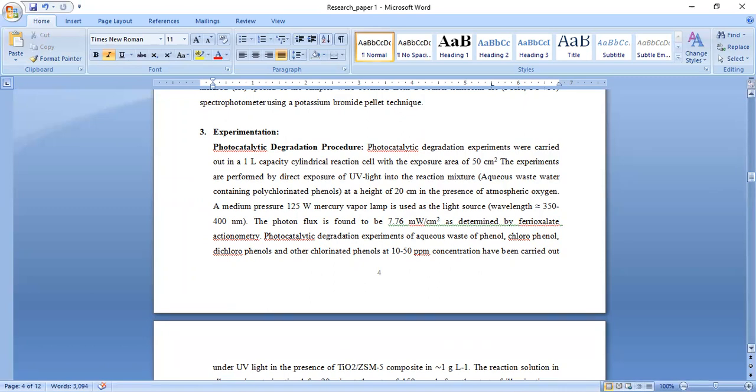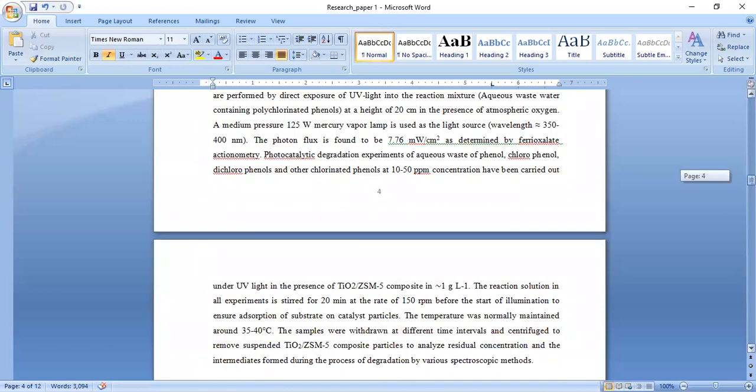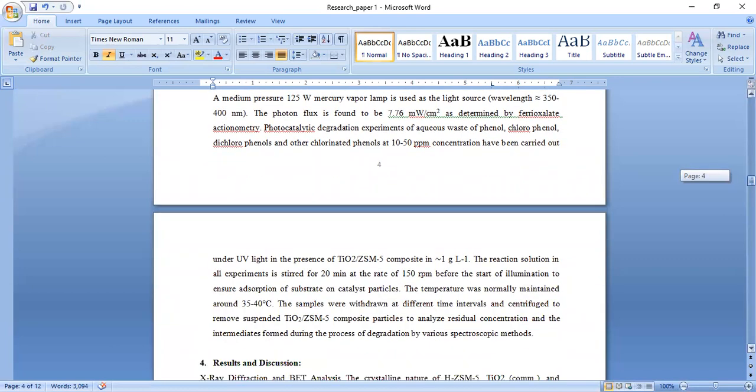So the photodegradation experiment of this aqueous waste containing phenol and chlorophenol derivatives was at the level of 50 ppm concentration and carried out under UV light in different compositions at 1 liter scale.